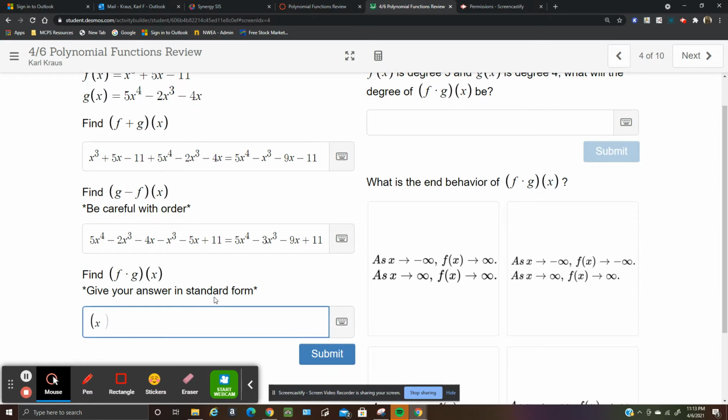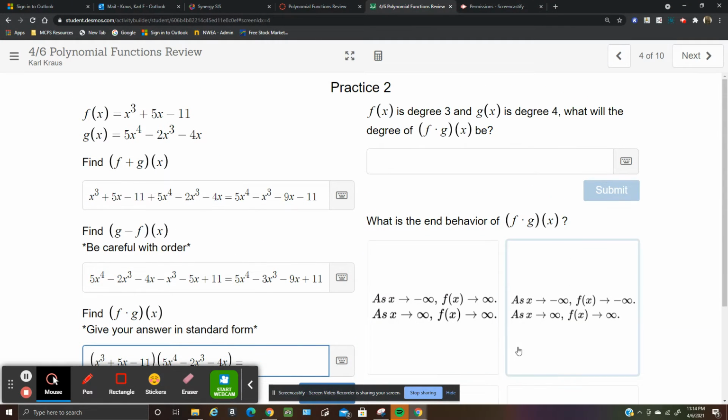X cubed plus 5x minus 11, and then I'm multiplying that times g of x, 5x to the fourth, minus 2x cubed, minus 4x, and distributing the x cubed to everything.